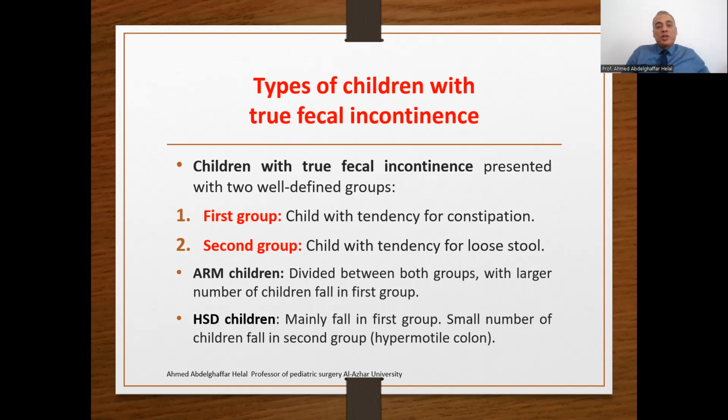However, a small number of children with Hirschsprung disease may fall in the second group, the hypermotile group. So it's very important to differentiate these two types, a child with true fecal incontinence and constipation, and a child with true fecal incontinence and loose stool.